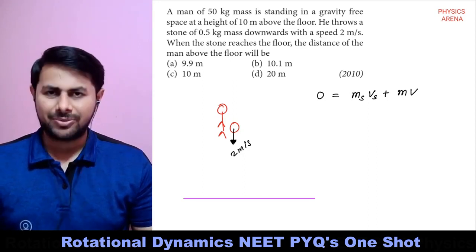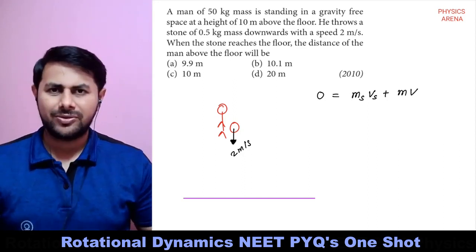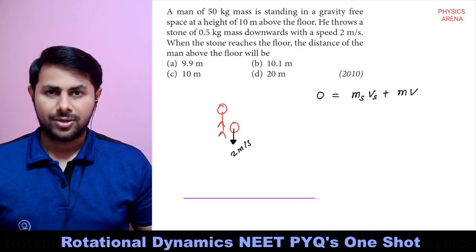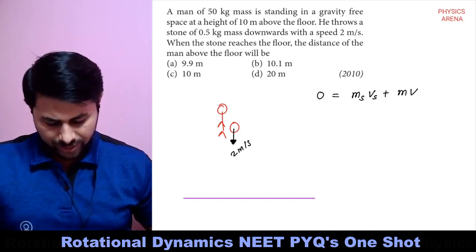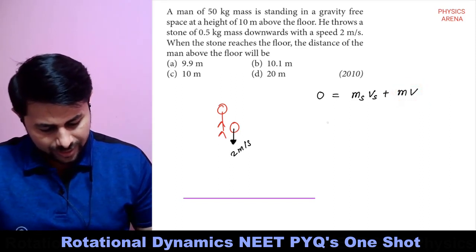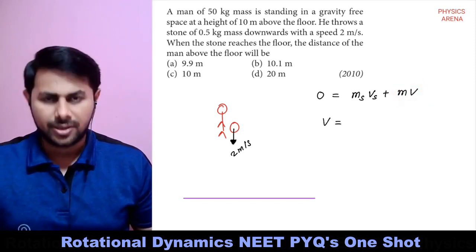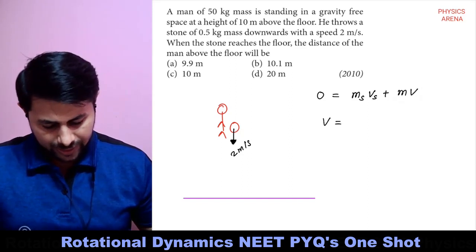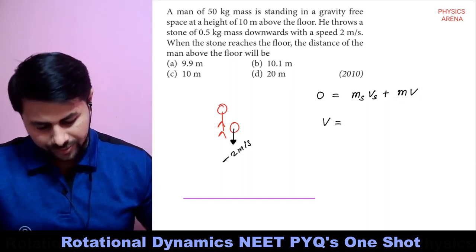Okay, so velocity was 0, so total momentum was 0. Okay, and therefore we can find out velocity of man. So v will be equal to what? It will be in opposite direction, right? So let's call this negative.